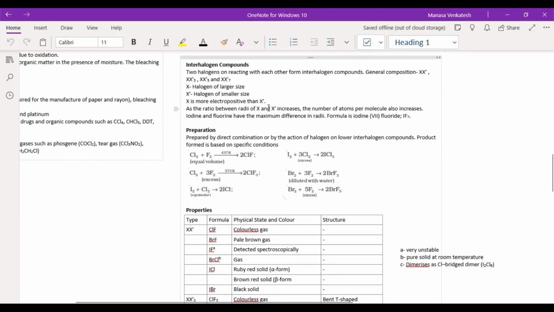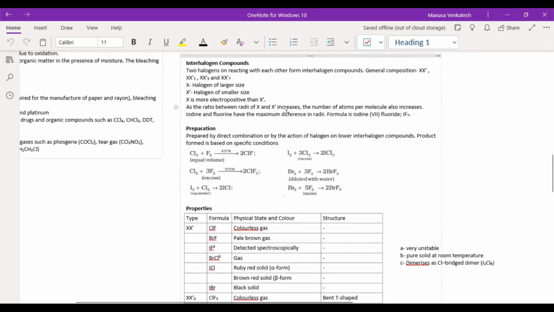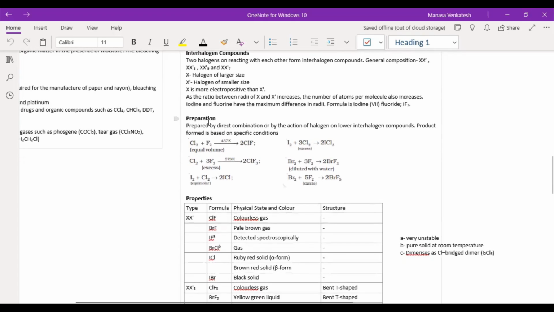So when the ratio between the radii of these increases, the number of atoms per molecule will also increase. So iodine and fluorine form an interhalogen compound, IF7. They have the maximum difference in radii, and so the ratio of radii between them is very high. The preparation is by direct combination or by action of halogen on lower interhalogen compounds.